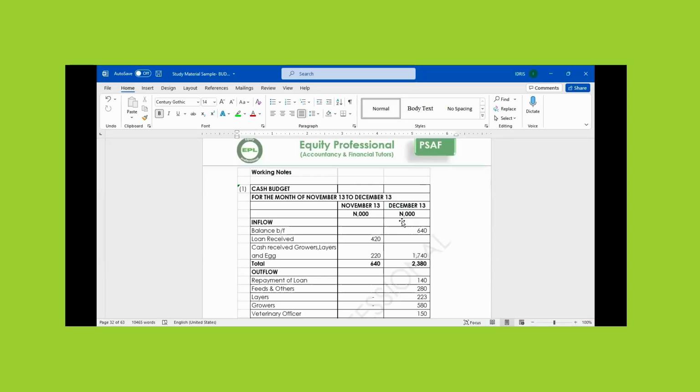The reason why we are preparing cash budget of November and December in the working note is to get the closing cash balance in December. Assuming the examiner gave us the closing cash balance in December, we don't need to prepare cash budget of November and December because we are not asked.